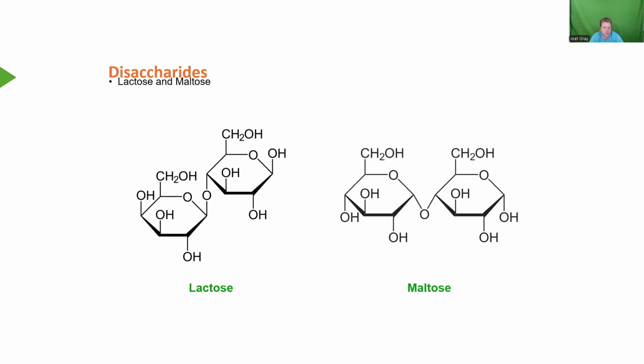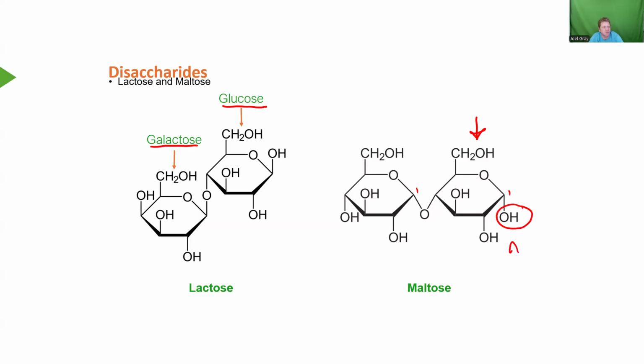Our other two disaccharides are lactose and maltose. Lactose is a disaccharide made up of galactose and glucose. Maltose is a disaccharide made up of, now let's take a minute and look at this. First of all, let's look at this molecule right here. This is carbon 1, this is carbon 1. Our OH group is pointing down.